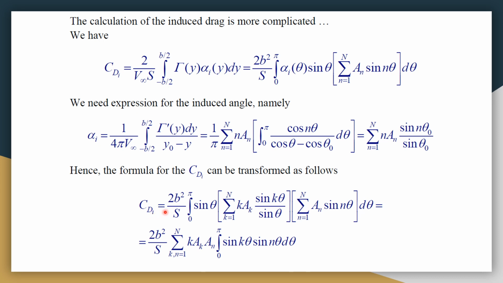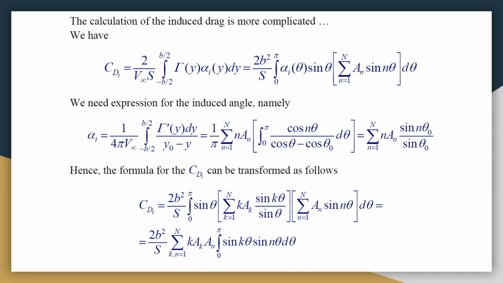The induced drag coefficient equals 2b squared over S times the integral from 0 to pi of sin theta, times the summation over k of k A_k sin k theta, times the summation over n of A_n sin n theta, d theta. After solving this, we get 2b squared over S times the summation over k, n of k A_k A_n times the integral from 0 to pi of sin k theta sin n theta d theta.